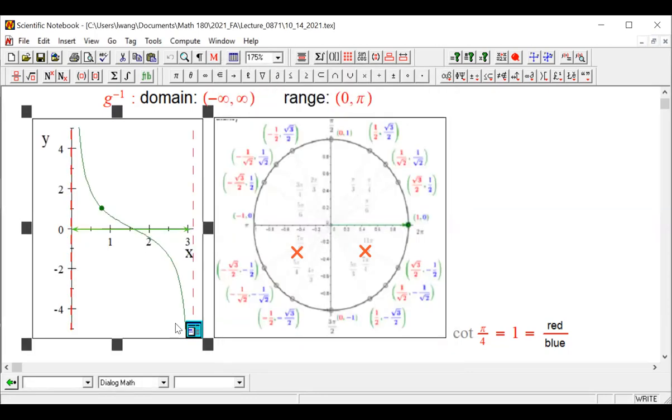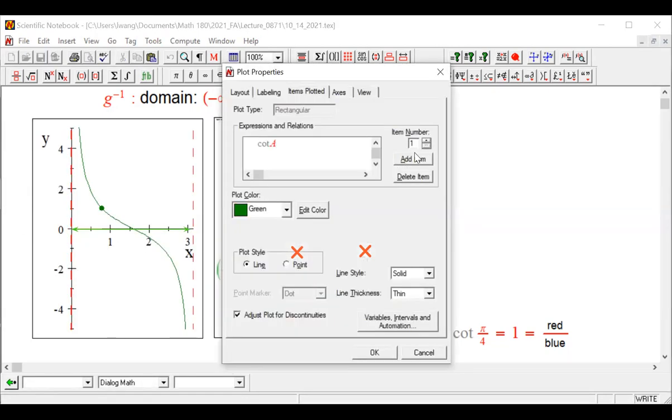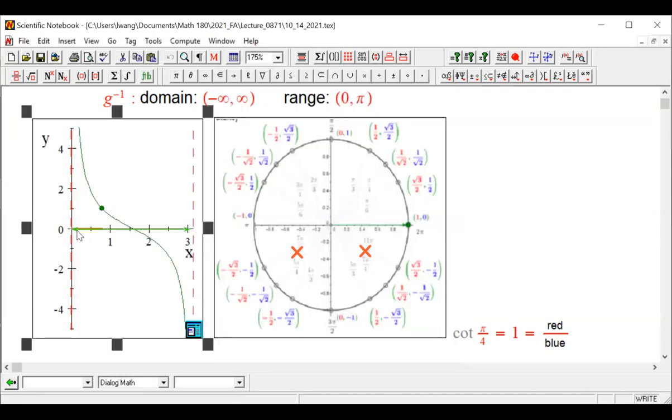Pi over 4, make it thick. Do you see that orange color? Let me remove that thing. Do you see that orange color? Same thing, right? You see all of these orange colors consistently show up in our function.